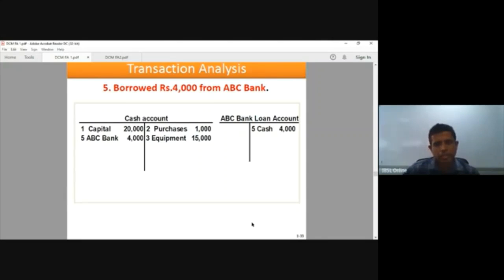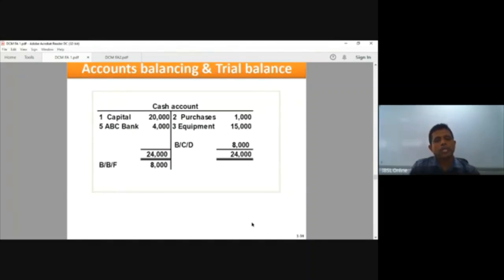Now we have finished the 5 transactions. Now I am going to tell you how to balance an account. I took the cash account of these 5 transactions. When you are balancing an account, you first get the total of the 2 sides and take the higher total.